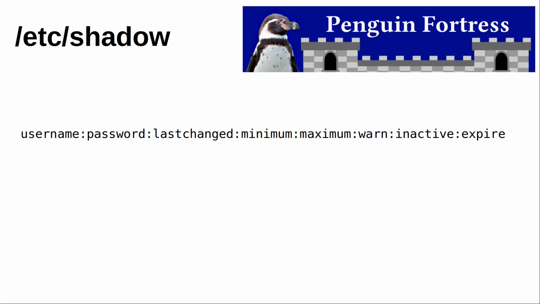They also added other fields which store details about when the password was last changed, the minimum and maximum days that the password is valid for, the number of days to warn before forcing a password change, the number of days after it's inactive before it gets disabled, and finally when the account expires.